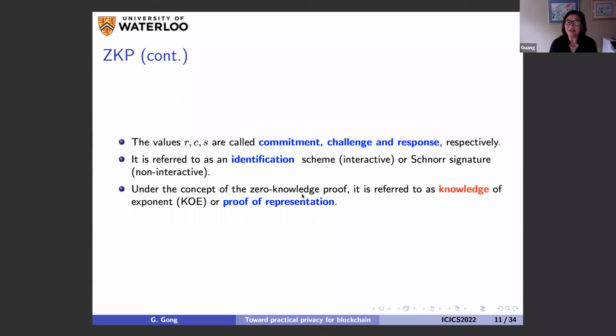Under the concept of zero knowledge proof, this is also referred to as knowledge of exponent, KOE, or in Pedersen's commitment scheme, the proof of representation.